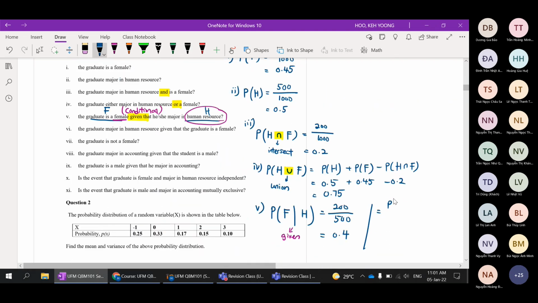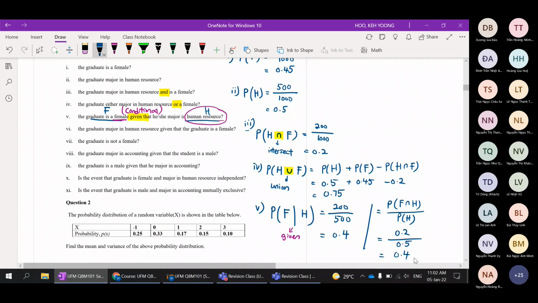If you apply it to this question, you get F intersect with H, which is the same as H intersect with F from part 3, so 0.2. Then divide by P(H), the answer in part 2, 0.5. So 0.2 divided by 0.5, you got 0.4. So it depends on how you work on the answers.